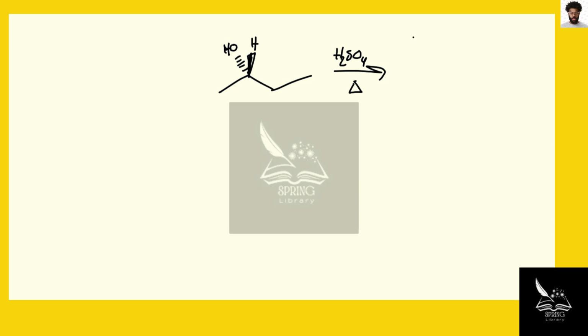Given that it's an acidic elimination reaction like this, we should expect to get the most stable alkene out as our product, right? Which means we should get the double bond in the middle of our carbon chain, and we should get the trans product out. Okay, next we have this cyclopentene with a chlorine and a methyl group.